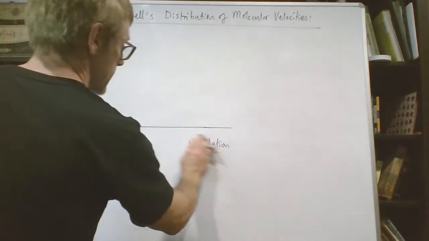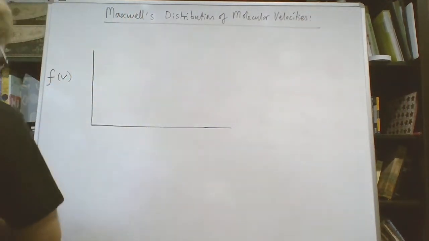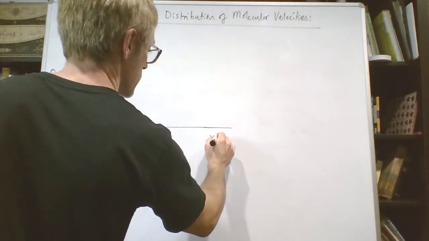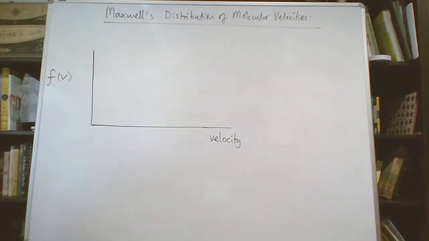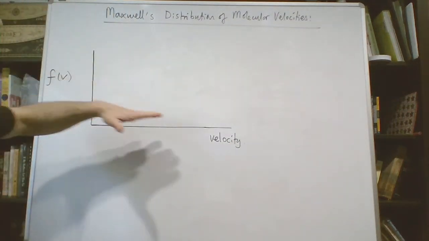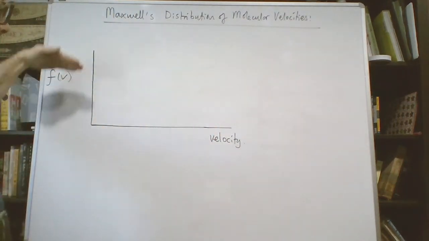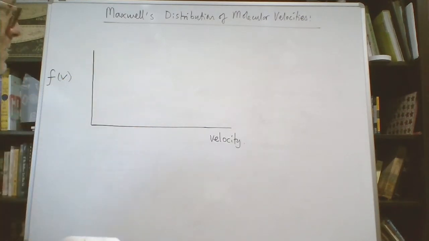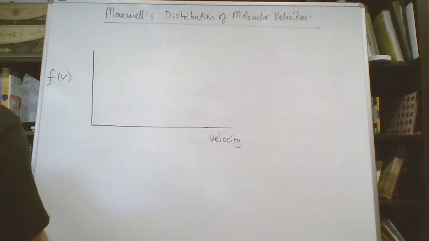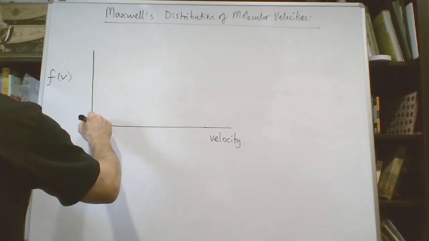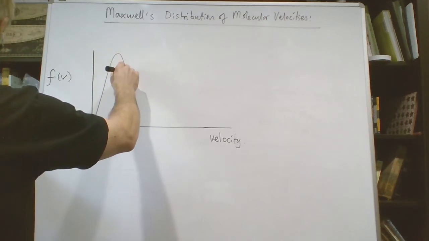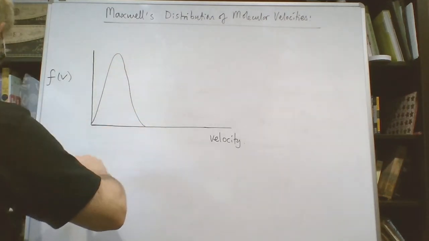No, we won't actually have velocity. So velocity down here, which makes a lot more sense. So we have velocity, and then we have a function that depends on the velocity. I have a couple of diagrams that I should probably stick to here, so I'll make sure I hit my speaking points.